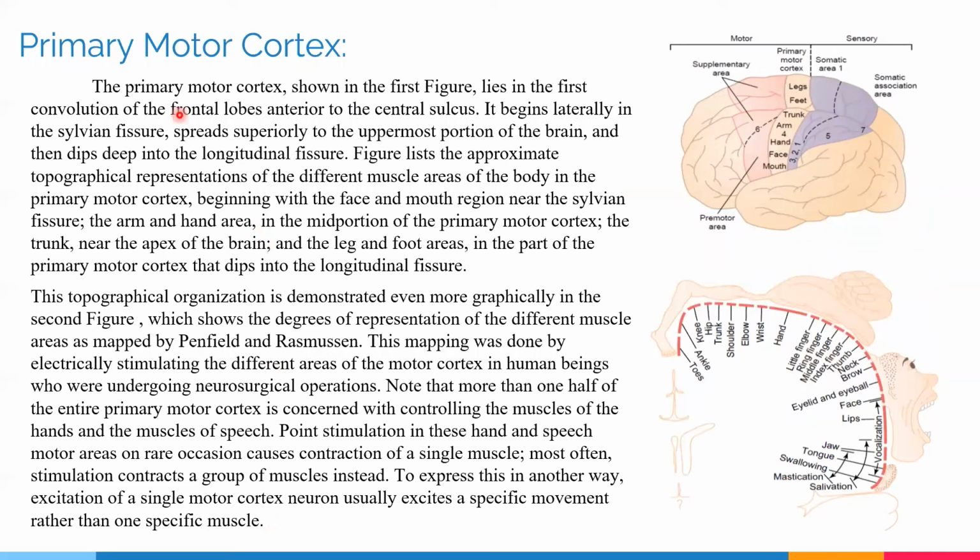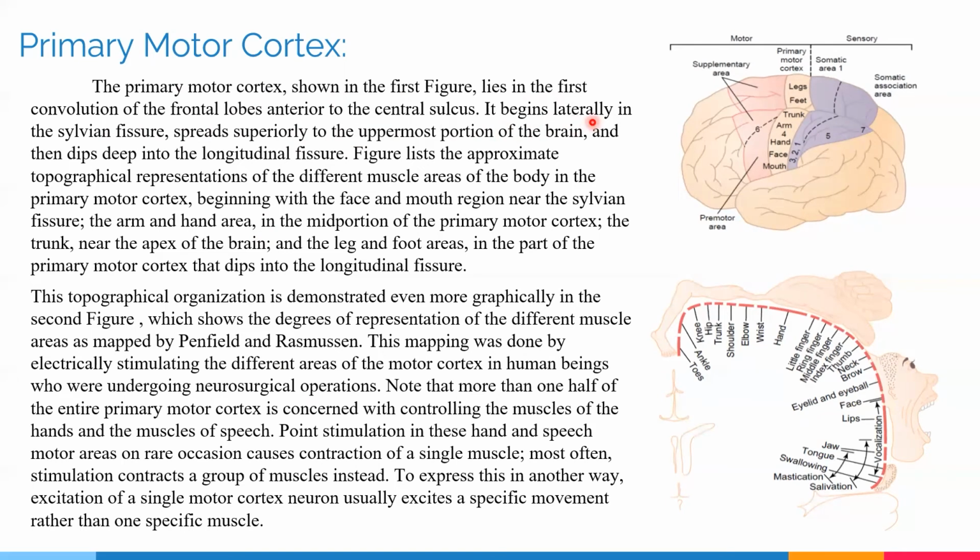First, we look into the primary motor cortex. The primary motor cortex is shown in the first figure, that is this one. It lies in the first convolution of the frontal lobes anterior to the central sulcus.